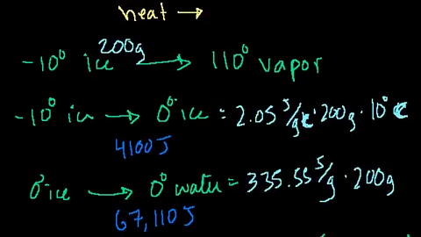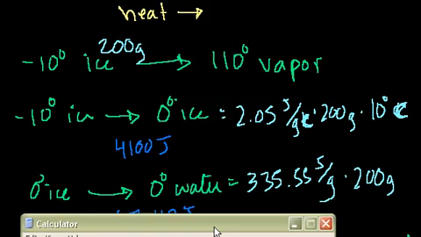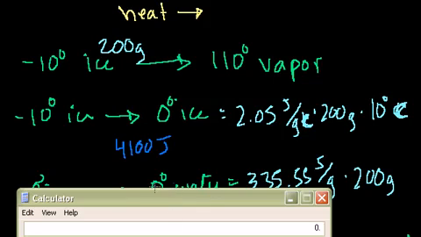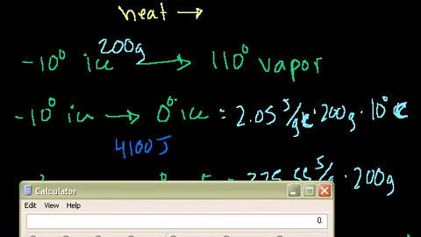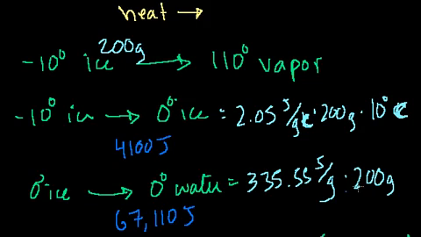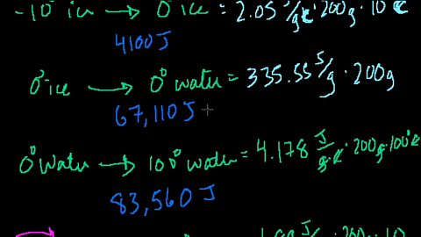So to go from minus 10-degree ice to 0-degree ice, and of course we have 200 grams of it, it was 4,100, plus the 67,110, plus 83,560, that's to go from 0-degree water to 100-degree water.